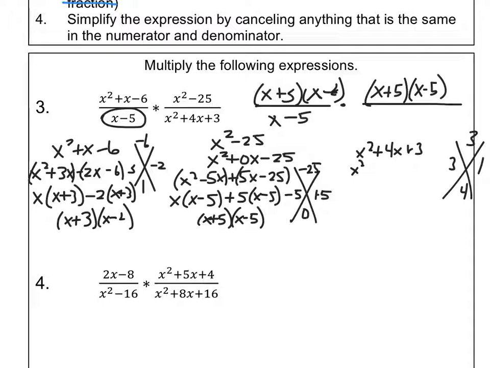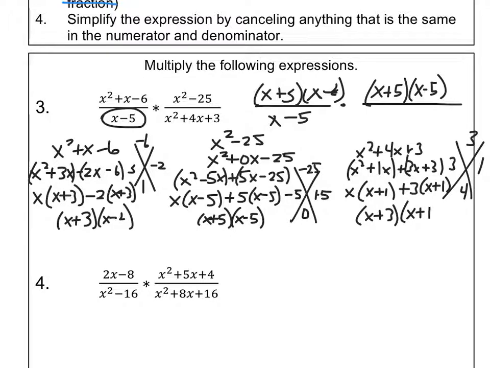So I have x squared plus 1x plus 3x plus 3. Take out an x here, left with an x plus 1. Take out a 3 here, left with an x plus 1. I have x plus 3 and x plus 1. That's going to go on the bottom.